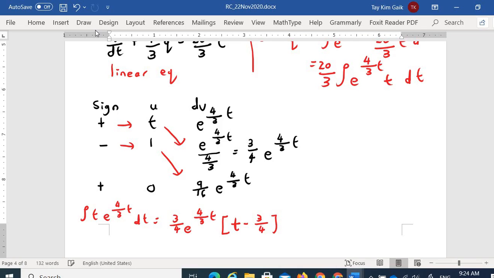As I said, if you have a polynomial, then you differentiate until 0. And the last row is the horizontal row, following the pattern here. We have plus 0 times 9/16 e^(4/3 t) dt. That's why this one is gone.